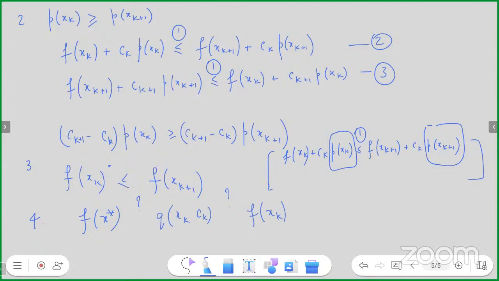His doubt was this is going to come up with a different pairing, but that's not going to spoil the party because of equation number 1, that xk is the local minimizer with respect to ck. So this implies that f of xk is less than or equal to f of xk plus 1 from proposition 2.